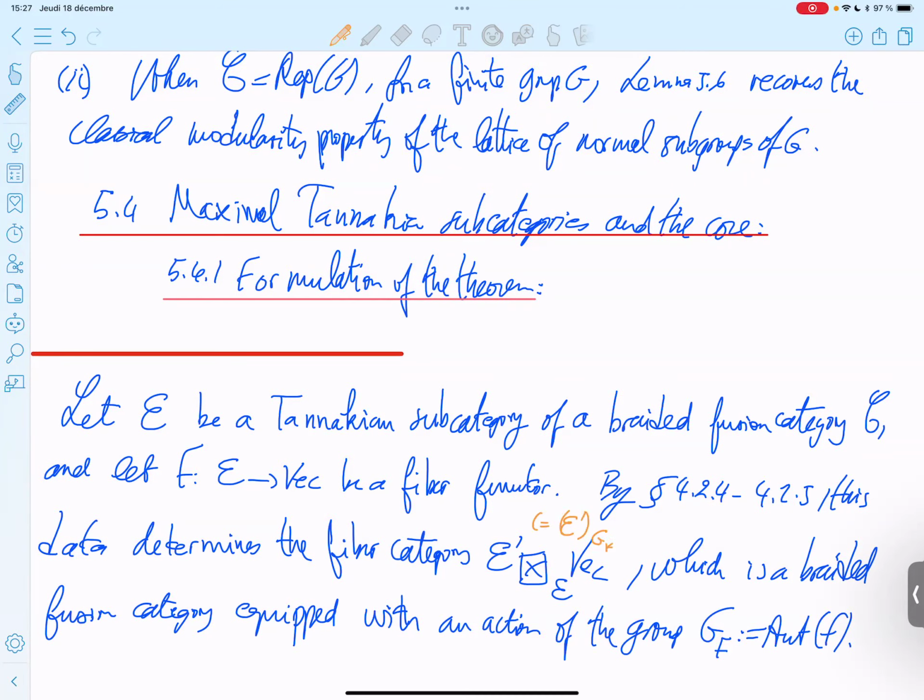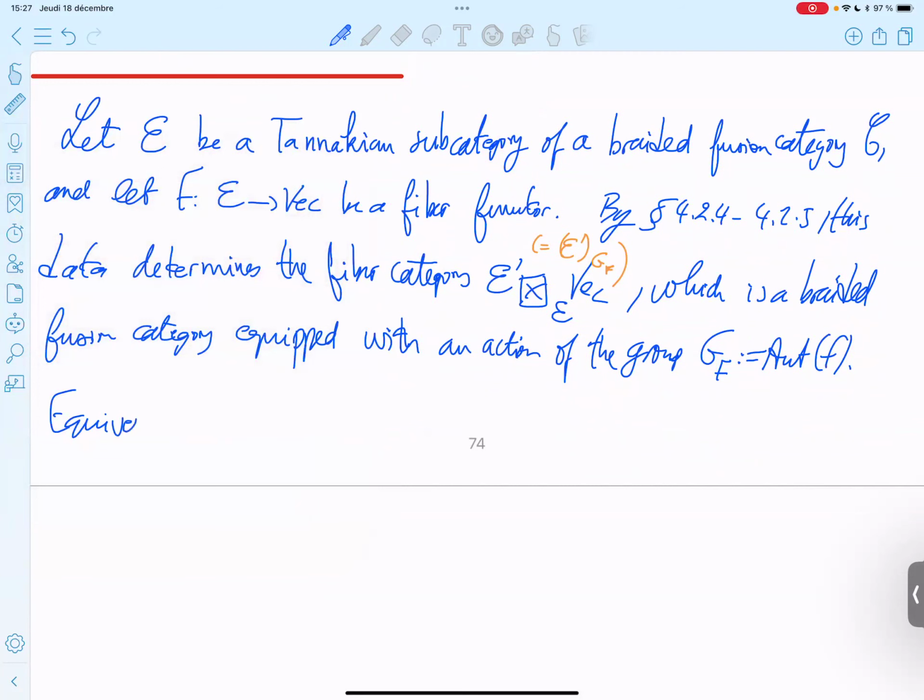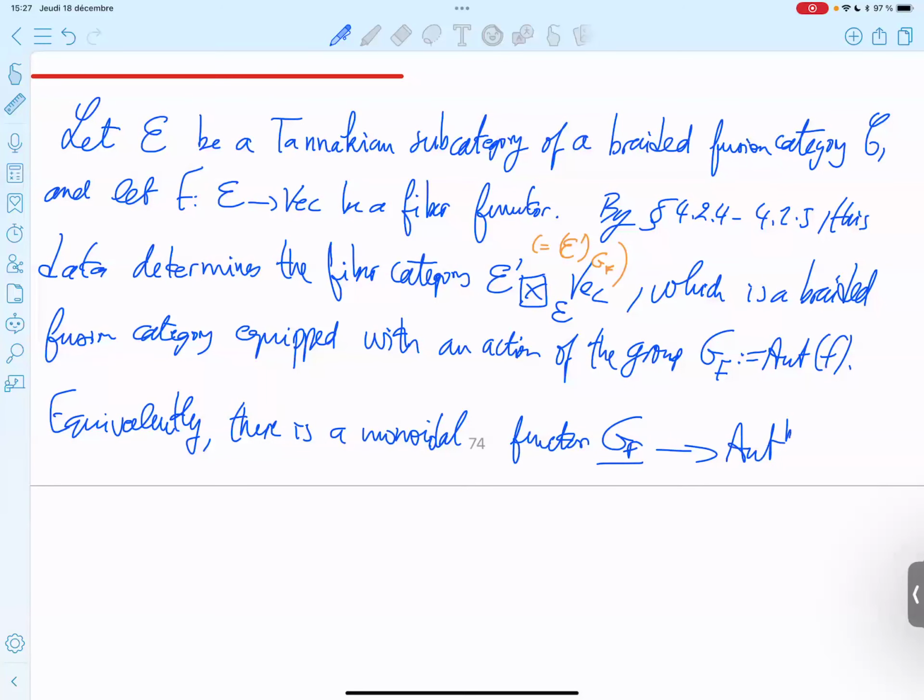Equivalently, there is a monoidal functor from the category associated to the group G_F, here by this notation we denote the category associated to the group.